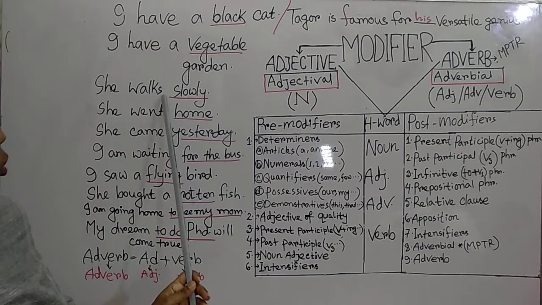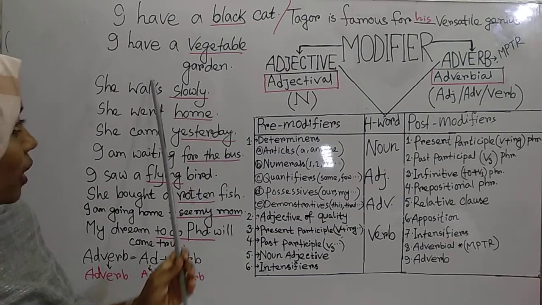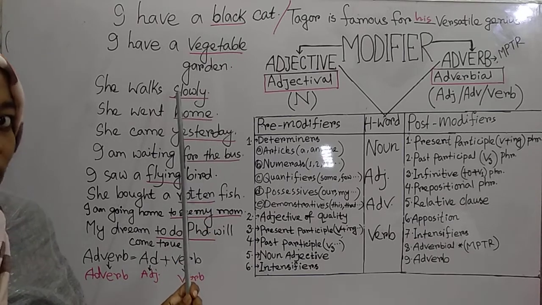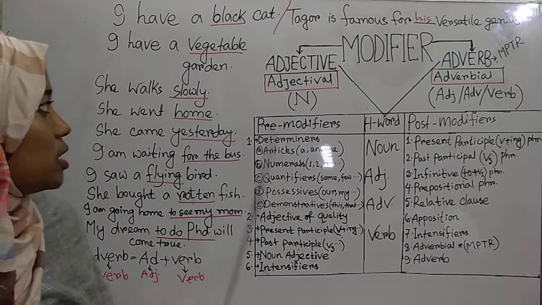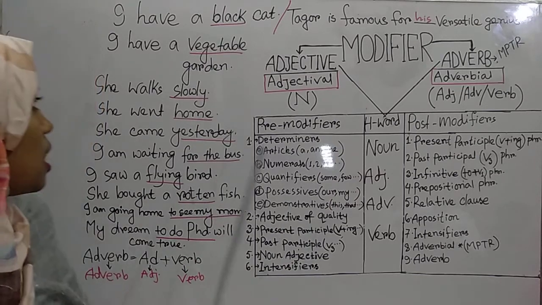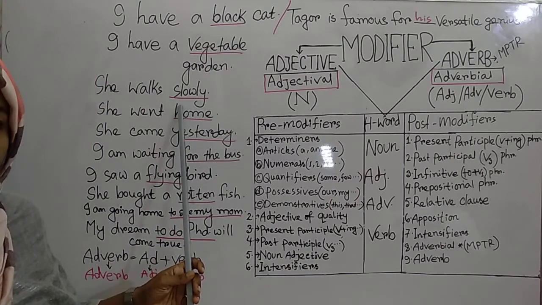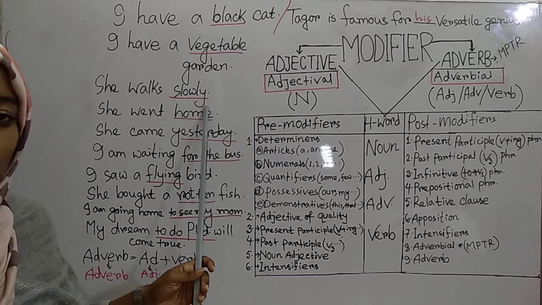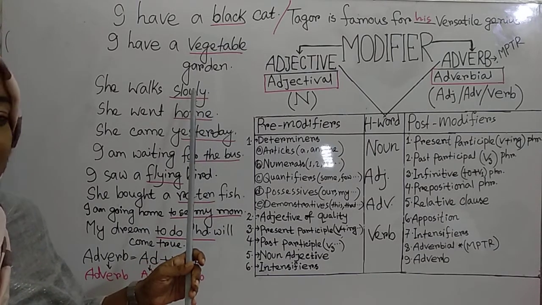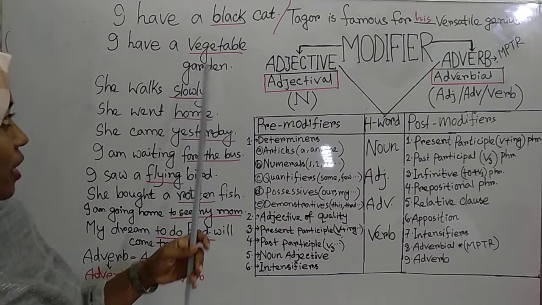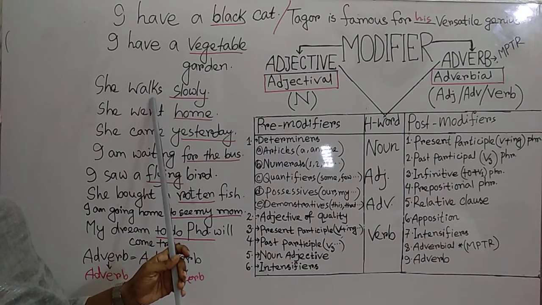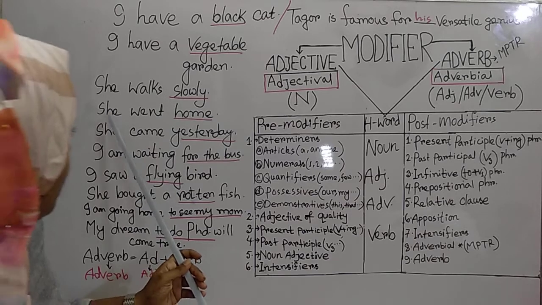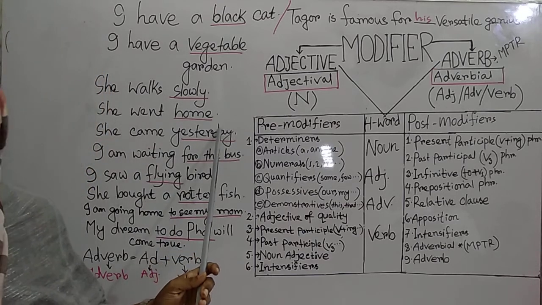Here, she walks slowly. Slowly is an adverb because it's the answer to the question how. It means how does she walk? The answer is slowly. So, slowly is an adverb and it has been used here as the post-modifier of the verb. Next, she went home.